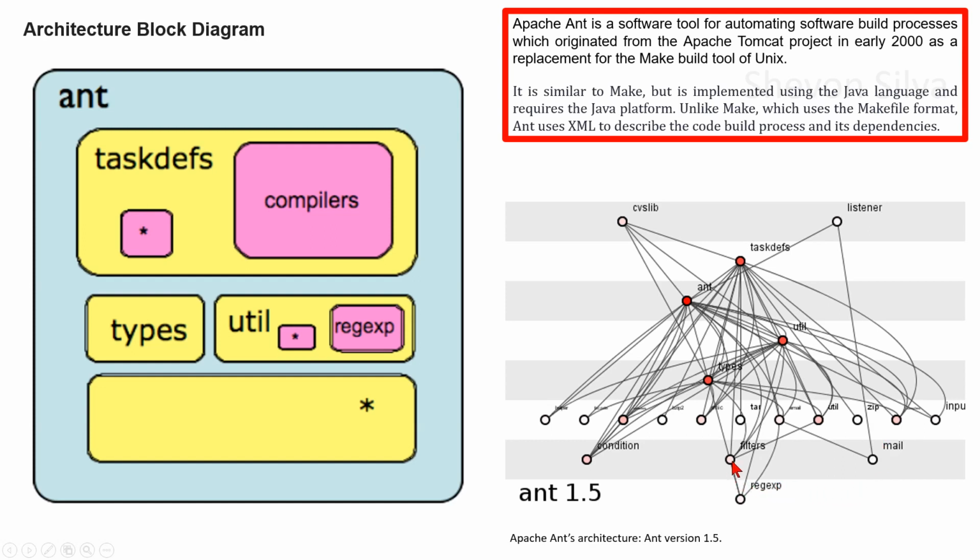And here you can see filters interacts with types, Taskdefs, util, and here util and Regexp.